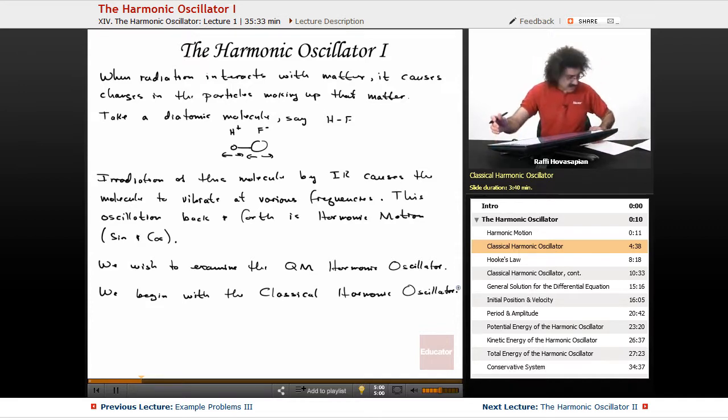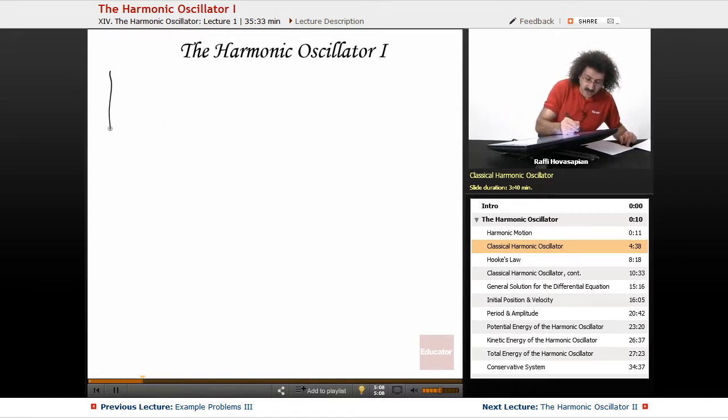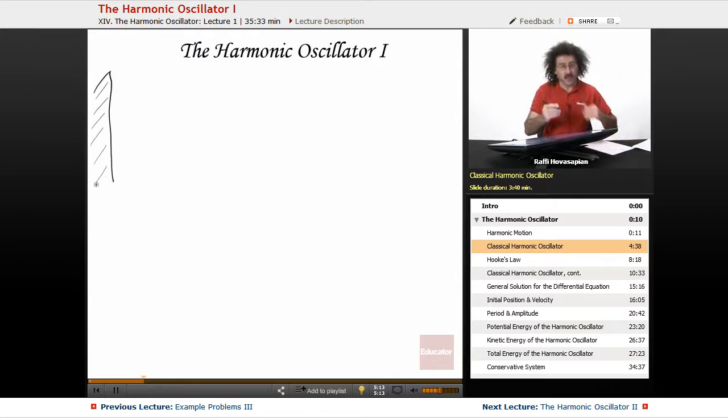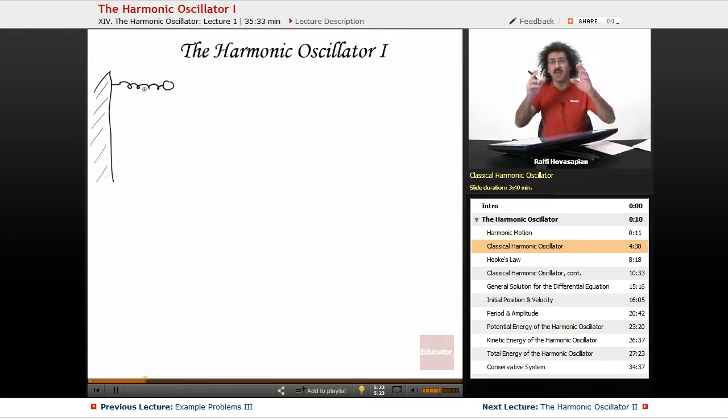Let's go ahead and start on a new page. So consider the following system. We have basically a setup like this, and this is a wall. We're going to fix one end, and we're going to have a spring with a mass on it, and it's just a spring in its normal, unstretched, uncompressed state, what we call the equilibrium length of the spring.